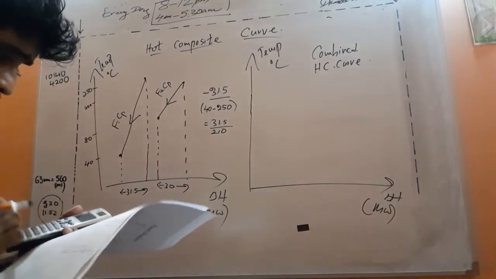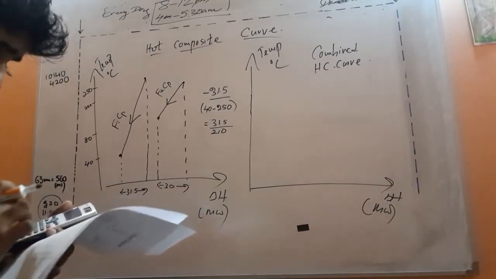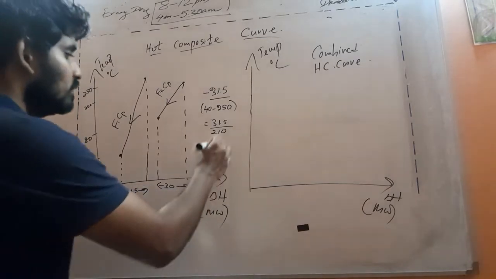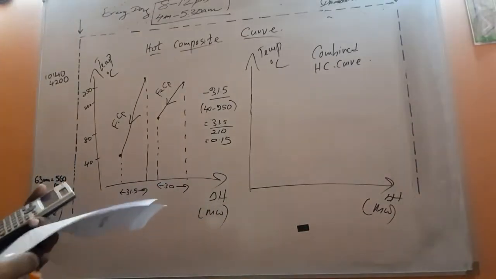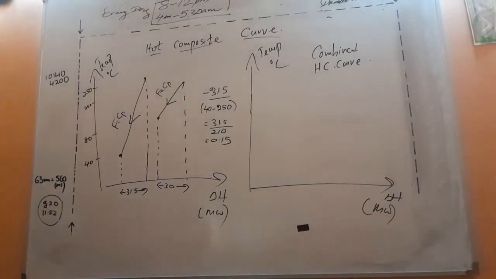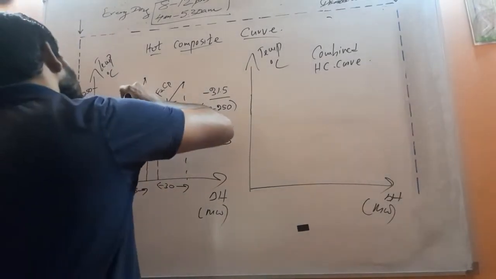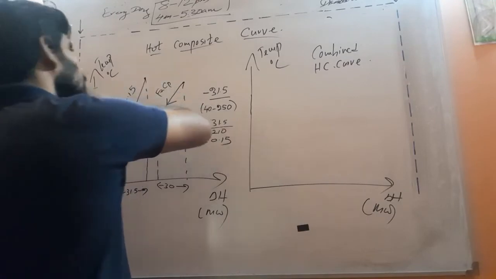What is the value? 0.15. I hope you got it. So what is the FCP value there? The FCP value is 0.15 for this curve.